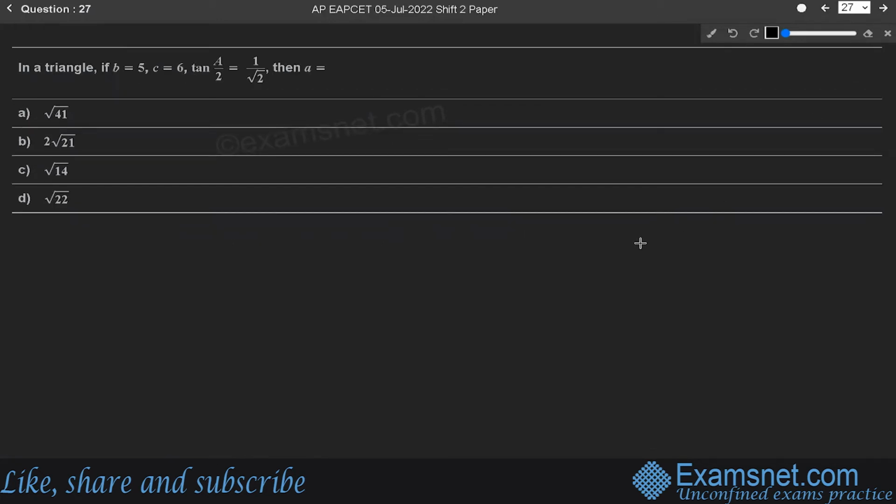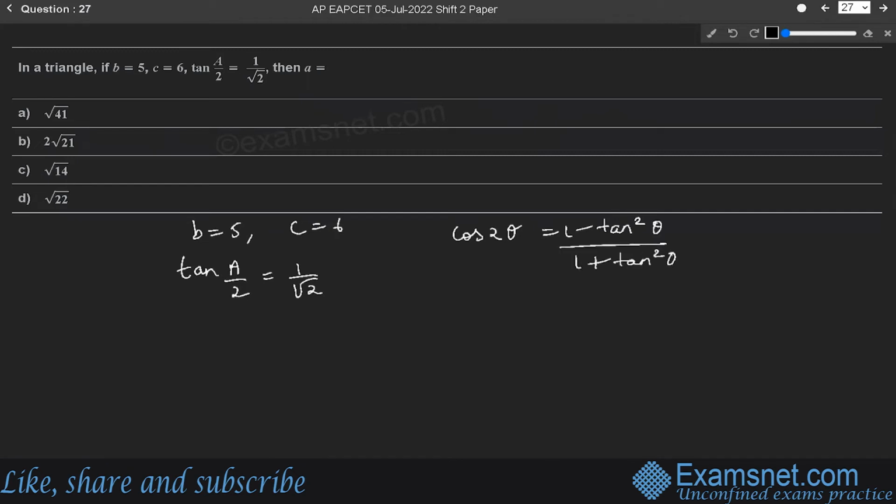Next question is also for a triangle. In a triangle, if B is equal to 5 and C is equal to 6 and tan A by 2 is equal to 1 upon root 2, then A is equal to. We know that there is an identity which is cos 2 theta is equal to 1 minus tan square theta upon 1 plus tan square theta.